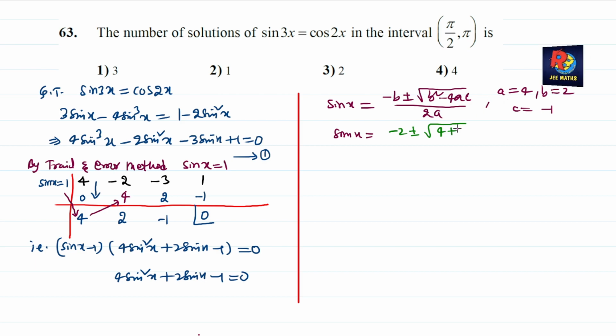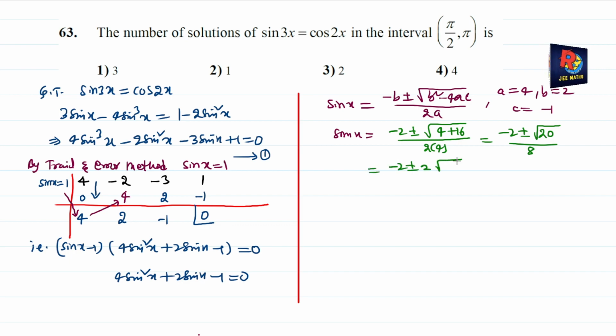So it will be 16 by 2a, 2 into 4. Now we can observe this: -2 plus or minus root 20 by 8. So -2 plus or minus 2 root 5 by 8. If I take 2 common, then it will be -1 plus or minus root 5 by 8.